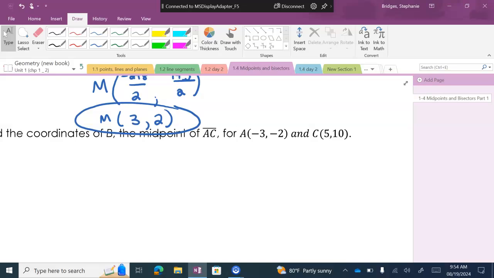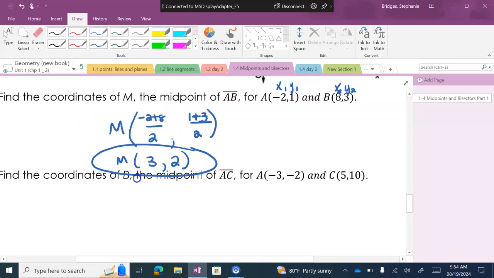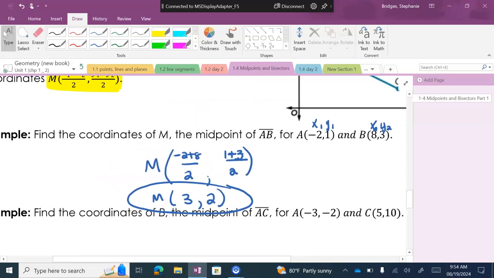Write your answer as an ordered pair, x, comma, y. What did you get after you added the x's and divided by 2? What did you get? Add the x's, divide by 2. Is that good enough? Add your y's, divide by 2. The result is going to be your ordered pair, x, comma, y.